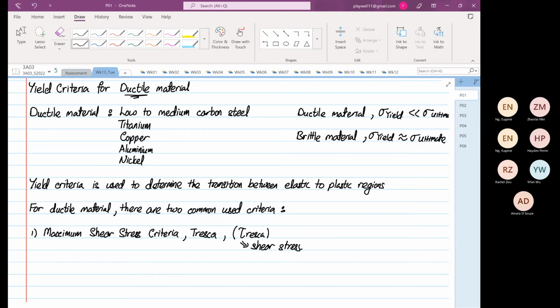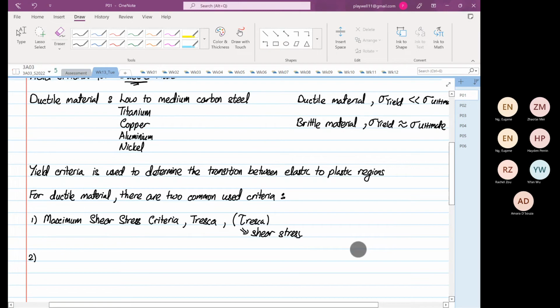And the second most commonly used ductile material criteria is known as the maximum distortion energy criteria.